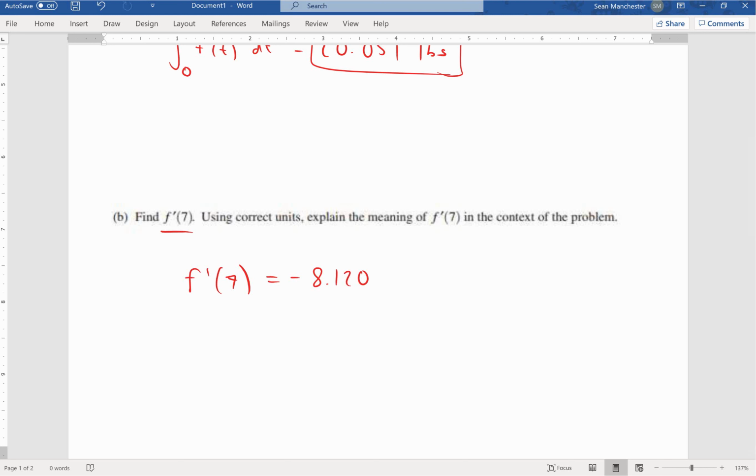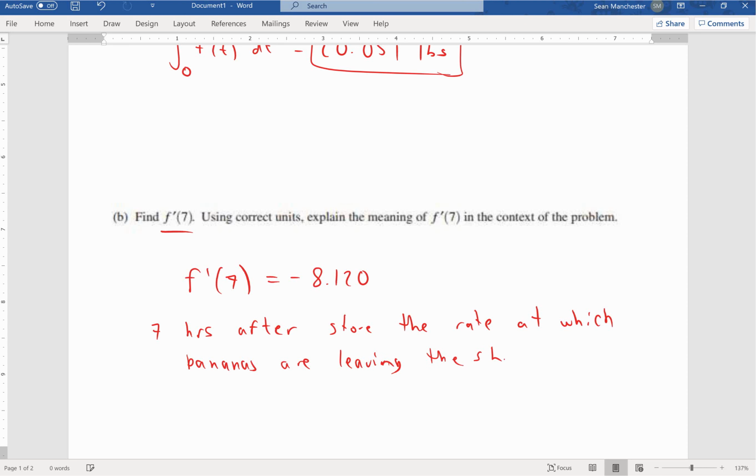Now it says explain the meaning in context of the problem. Well, f is the rate at which the bananas are leaving the shelf. F prime is the rate of change of that rate. So what this means is 7 hours after the store opens, right? That's what t equals 7 means, 7 hours after the store opens. The rate at which bananas are leaving the shelf is the thing that's changing.